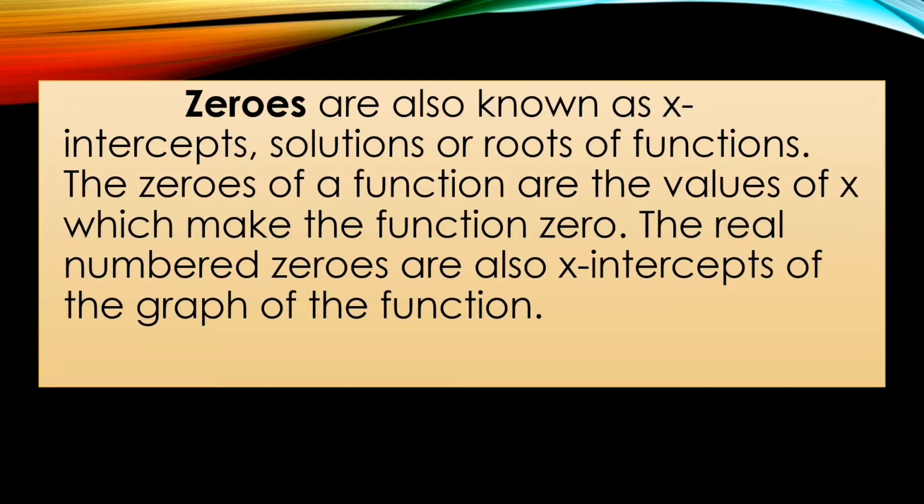While the zeros are also known as x-intercepts, meaning x-intercept is the same as zeros, solutions or roots of functions. The zeros of a function are the values of x which make the function 0. The real number zeros are also x-intercepts of the graph of the function.